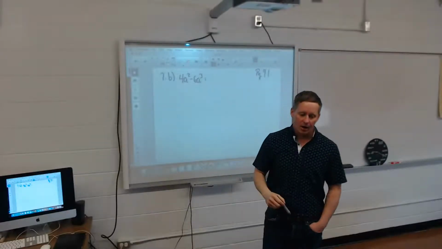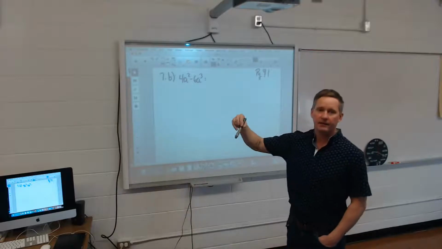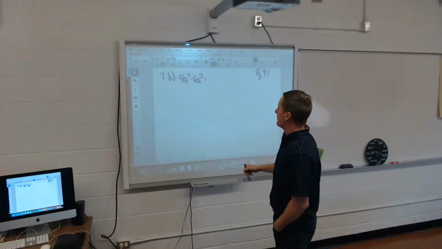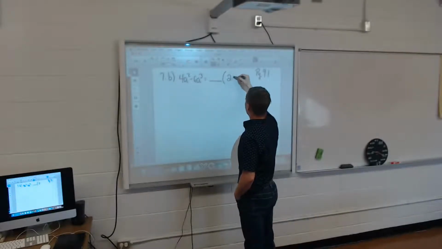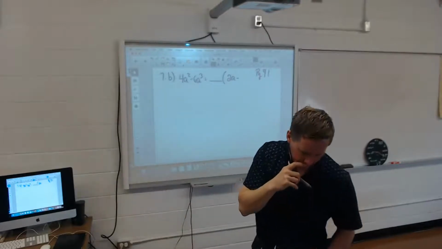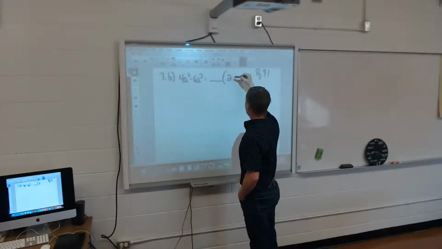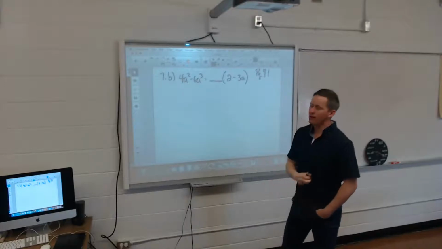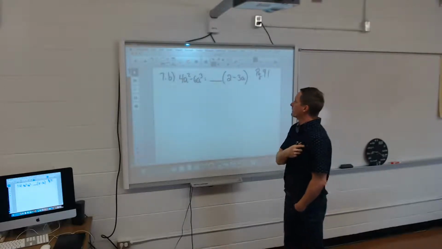Now, it may help you to do this without looking at the second part of the solution with the blank, but it's up to you. Okay, so they're left with 2a subtract, all right, no, so sorry, 2 subtract 3a. And it wants you to find out what's in the blank. So basically what it's doing is it's asking me what the greatest common factor is.